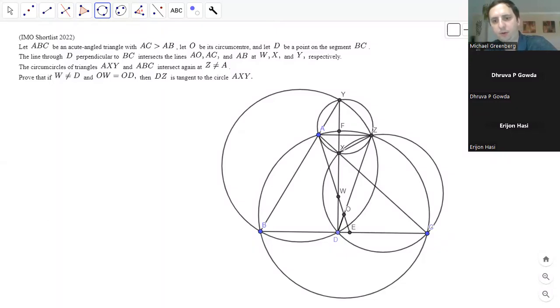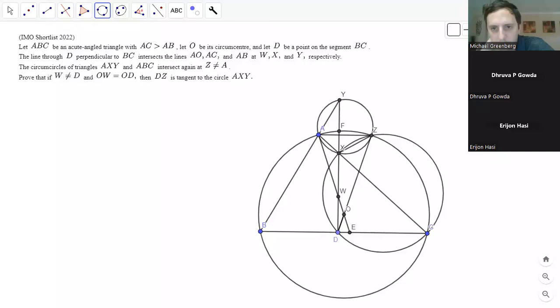It seems like it shouldn't be hard to show why ZDB is cyclic, because Z is just a reflection of A over the perpendicular bisector. If we show one, then we show the other actually, because we want to show this angle is equal to this angle, but that would be ABZ, which we know is ACZ. So either one is kind of showing the same thing.